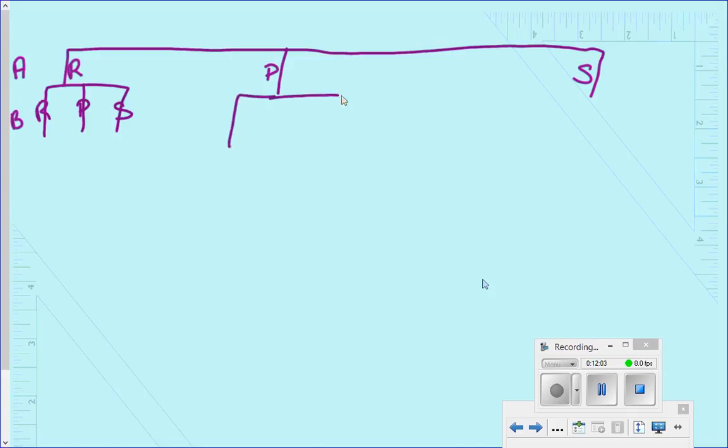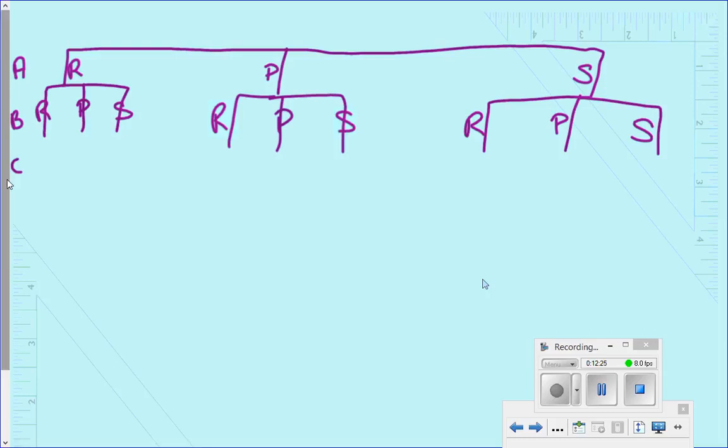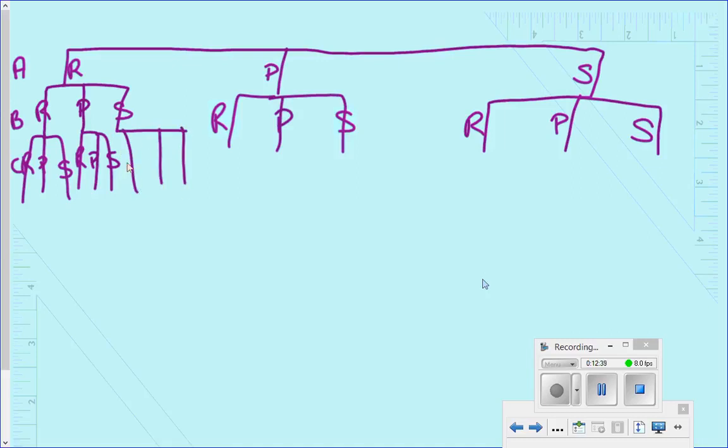So I'm going to do that again, and one more time. Okay, so then off of my second layer, I'm going to make my third layer, which would be the third player, which is C. And I know, once again, rock, paper, scissors.